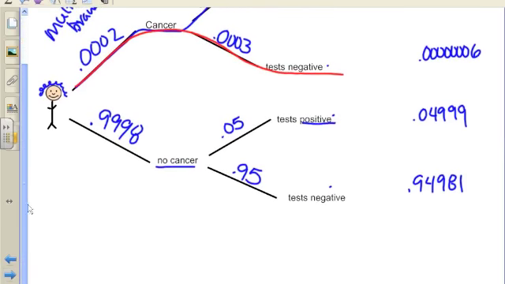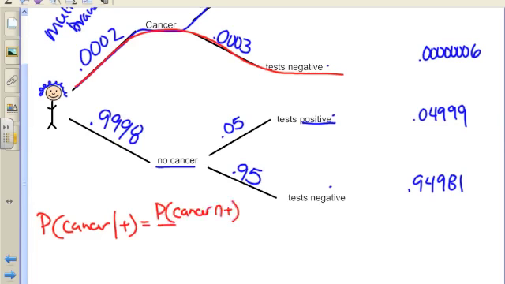All right, so I might have to slide this up and down just a little bit, but a reminder, we're doing the probability a woman has cancer given she tested positive. And in order to do that, I'm going to find the probability a woman has cancer and tests positive, and I'm going to divide that by the probability of just testing positive. I don't know whether they have cancer or not.